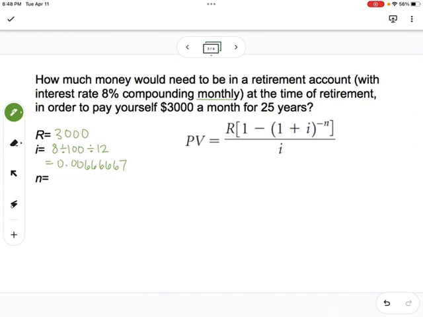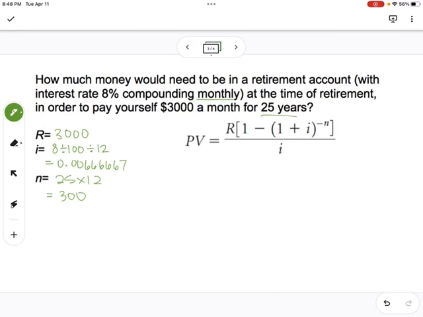Our N value is our number of years times our compounding periods, which is monthly, so 12. So 25 times 12 and we get 300 for our N.